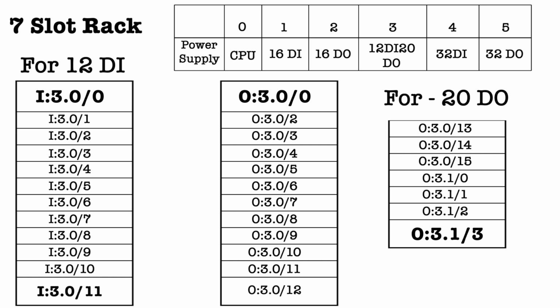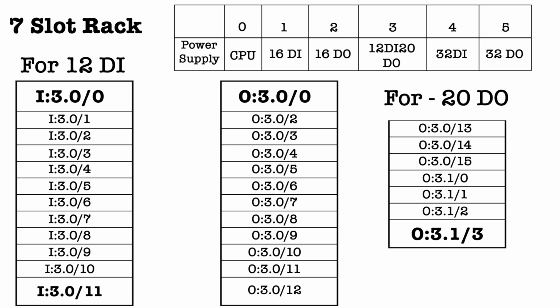Next is to address the 4th and 5th slots, having 32 digital inputs and 32 digital outputs. Similarly to what we did for the 16 digital inputs, here we will take 2 words to address the 32 digital inputs. What will the addressing be? You can also try it. First it will start with I colon, since it is the 4th slot, so it will be I:4.0/0 and it will go up to 0/15.